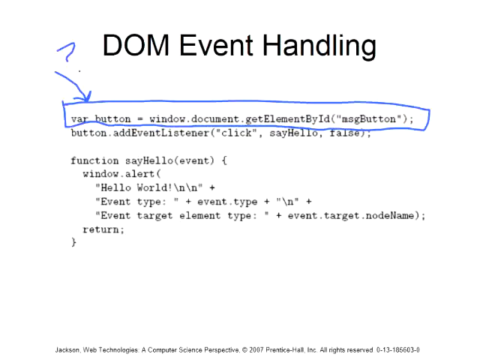And after that, when we write button.addEventListener click sayHello false, that means when I click on this element, I must execute the function sayHello. It's clear? Good.